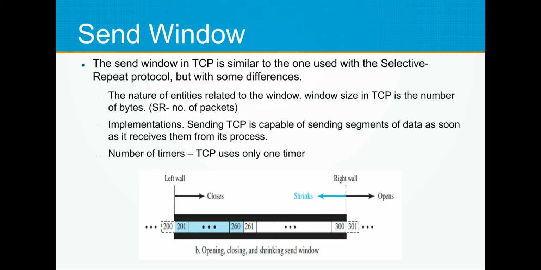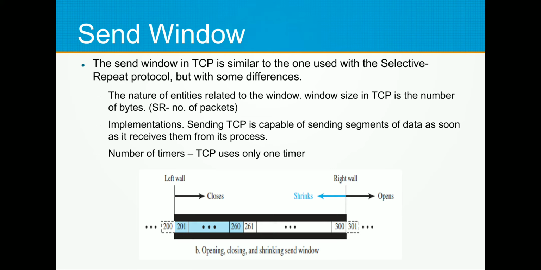You can now add more bytes at the right end, but at times this right wall can move even in the leftward direction. That is when shrinking can happen. When does this happen?